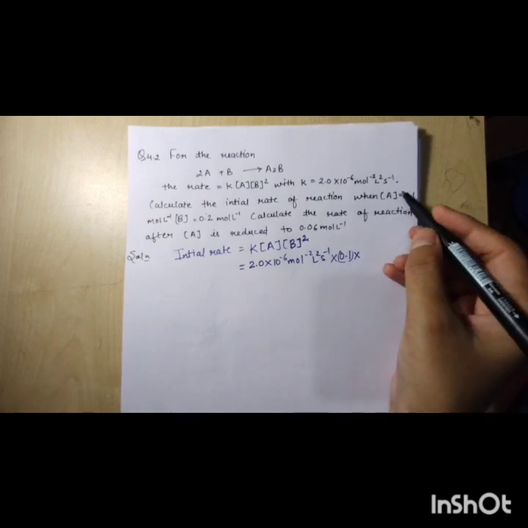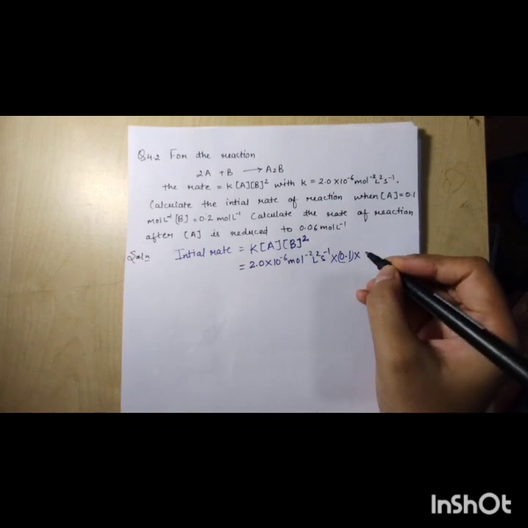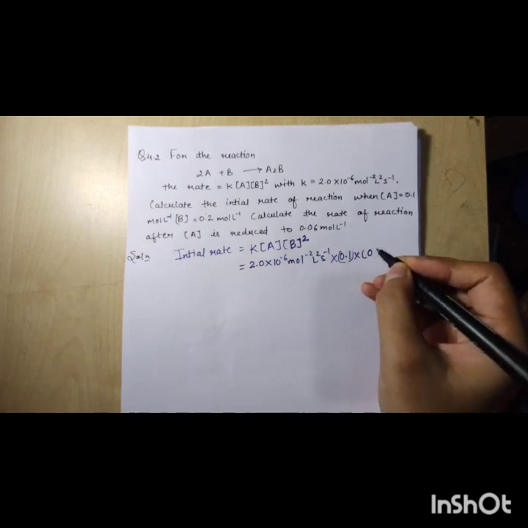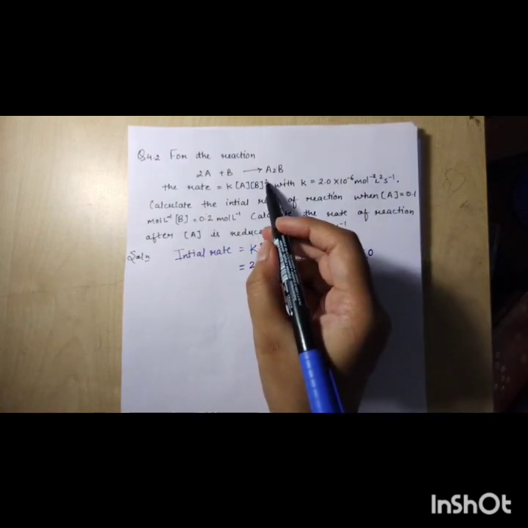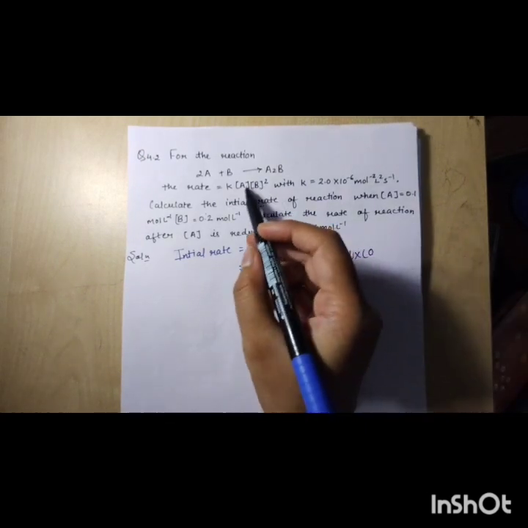As A has no power and B has power 2 as given there, we will write 0.2 squared in this expression.